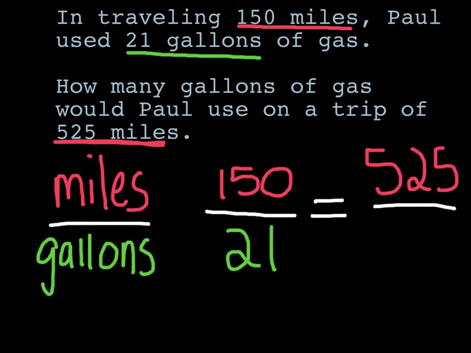And then the unknown value in this particular word problem is how many gallons. So using green, I will write X in my denominator because this is the quantity that is unknown.